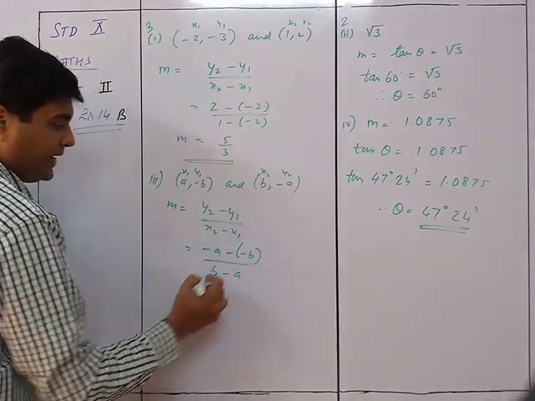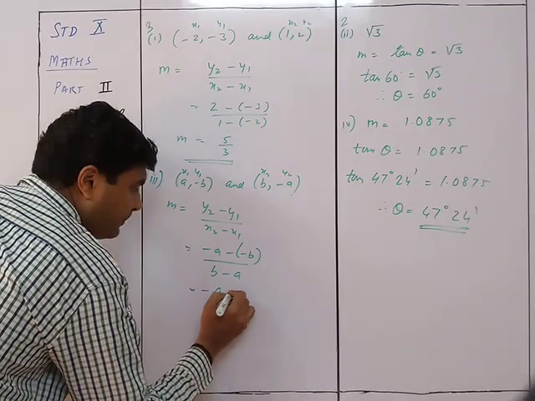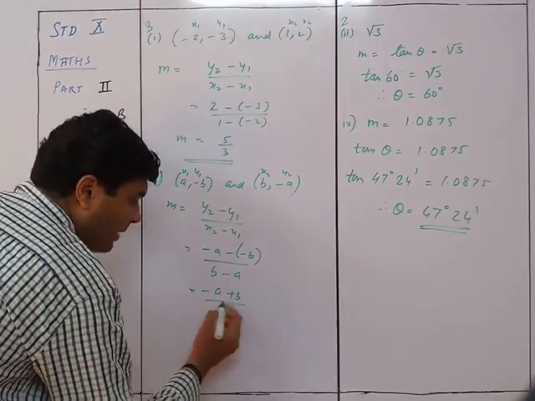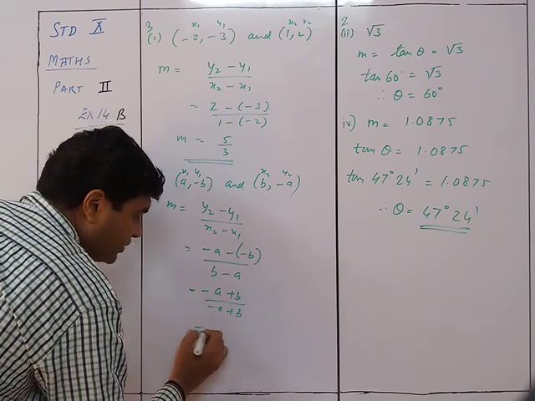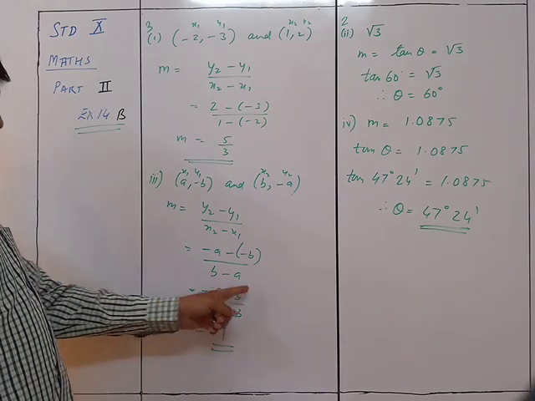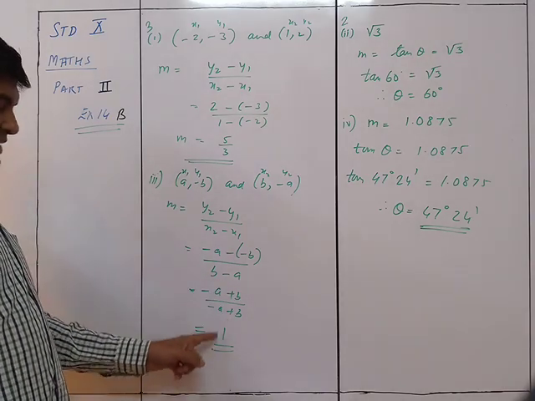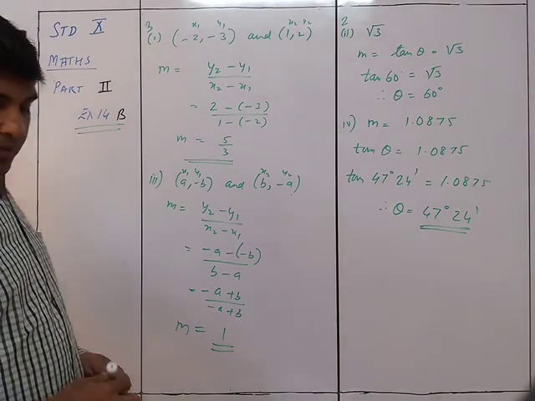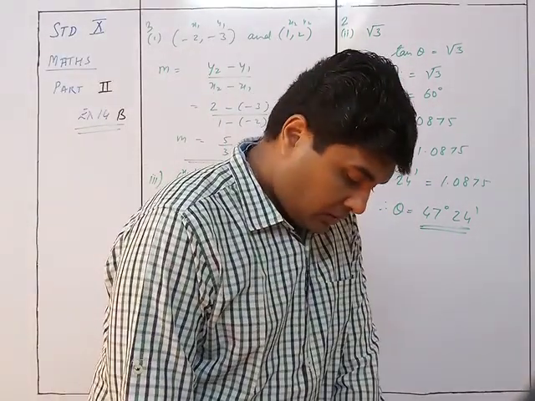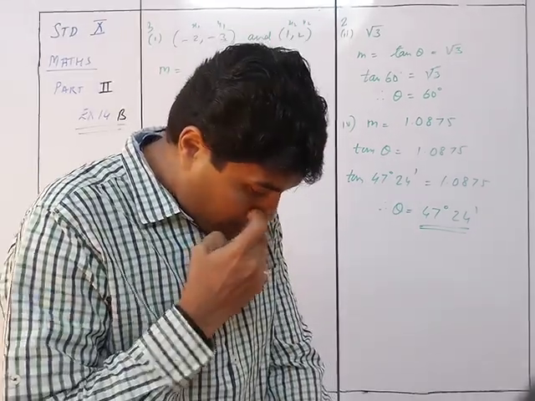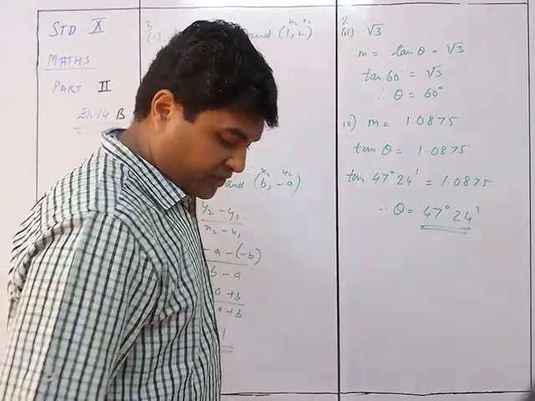So this gives me minus a plus b upon, sorry, this will be minus a plus b, so again both are same, so it is 1. So m is equal to 1. That was sum number 3 ka 3, right? The next one is sum number 4 ka first.